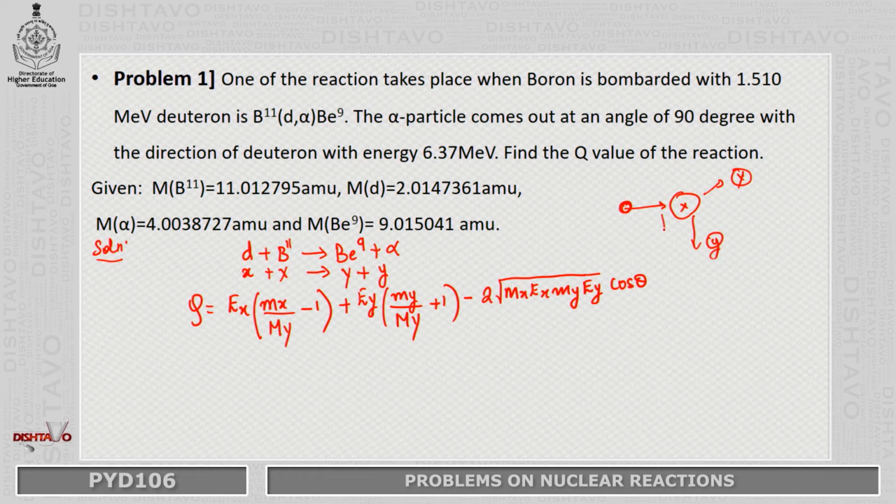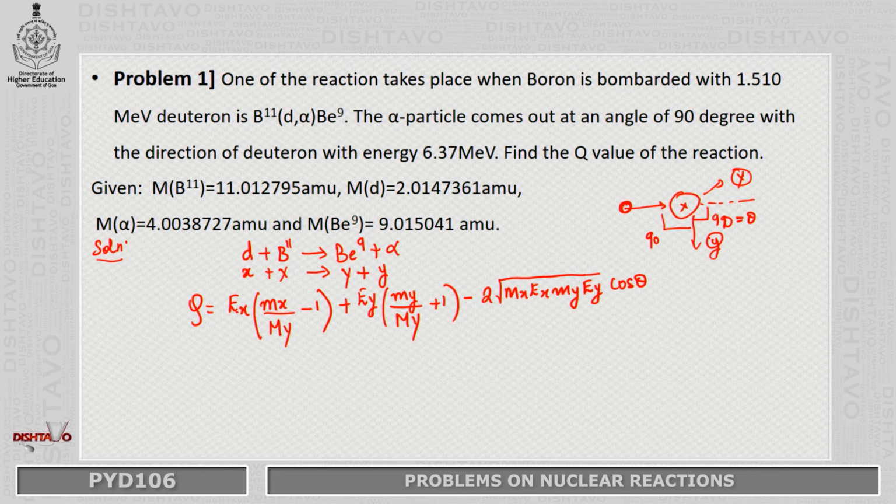Here what they have given is this angle is 90 degrees. So this is 90 degrees, and this is also 90 degrees with the horizontal. So this theta is 90 degrees. When theta is 90 degrees, cos theta will go to 0, and we don't have to consider this term.